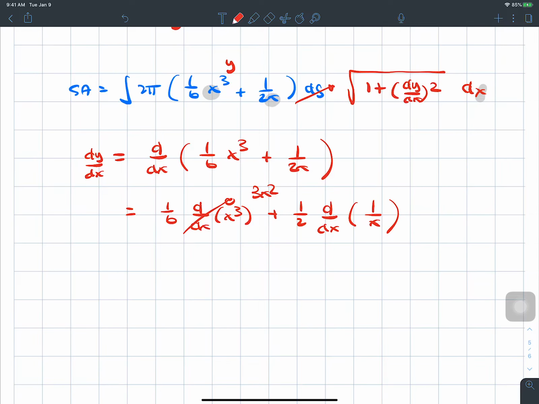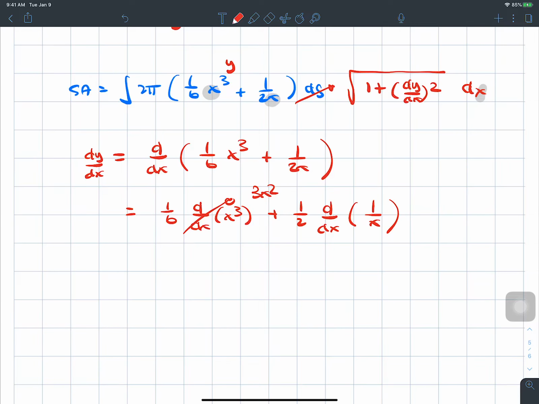Now this is very similar to something we already seen. You're going to see what happens with this, okay? This is dy dx squared, right? We just squared this. We need to add 1 now. So that 1 plus dy dx squared becomes 1 plus 1/4 x to the 4th minus 1/2 plus 1/4 x to the minus 4th.